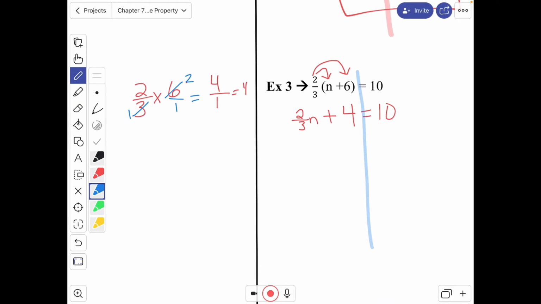So first we undo adding or subtracting. So we have adding positive 4. So the opposite of a positive 4 is a negative 4 to both sides. The 4's cancel on the left, and all that remains is 2/3 times n, equal sign straight down, and 10 minus 4 is 6.